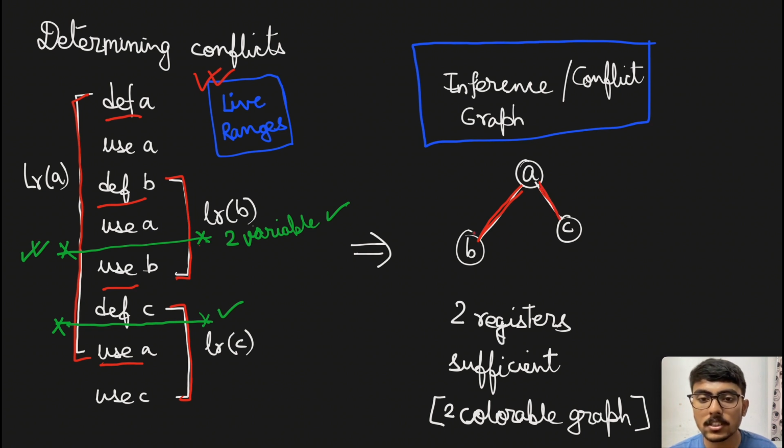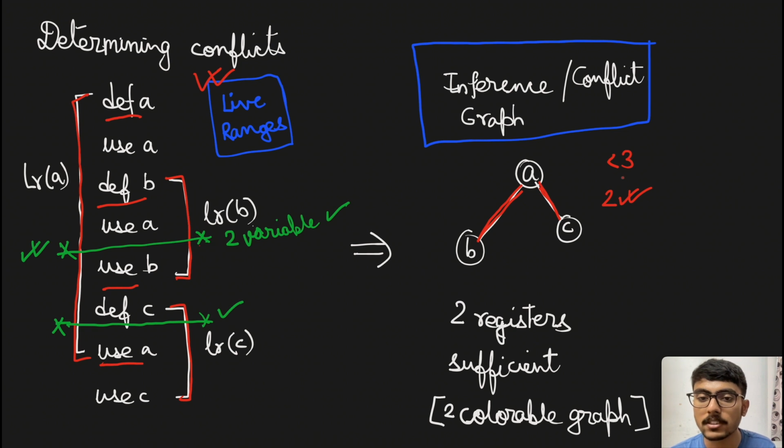Since the degree of a particular node in this graph is less than 3, it means we can use two registers to assign values to these variables, right?